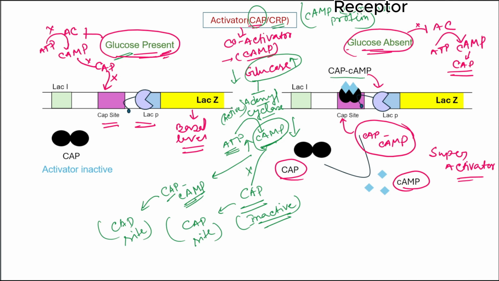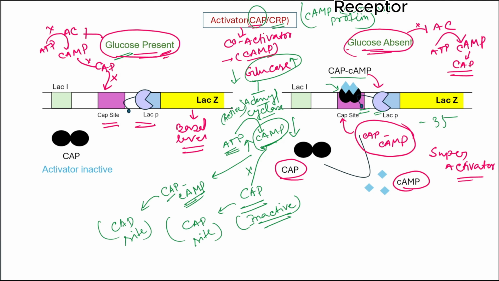So after the CAP-cAMP complex binds in the CAP binding site, this CAP is recognized by the CTD tail of RNA polymerase, and that helps the RNA polymerase bind strongly in the promoter site. So without CAP, RNA polymerase binds in the promoter site weakly because of some changes in the consensus sequence of the -35 region.